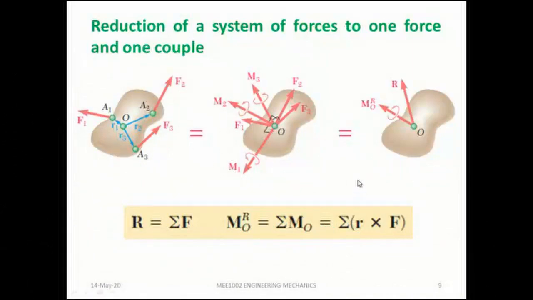We'll also understand this. When there are a system of forces acting on a body, all can be reduced into a force and a couple at another point. So this can be brought to this O, and then you have to introduce a couple which is equal to the moment of this force about this point.